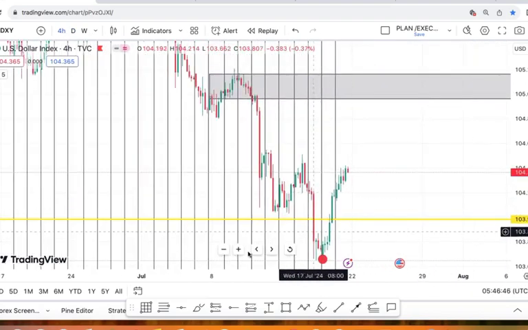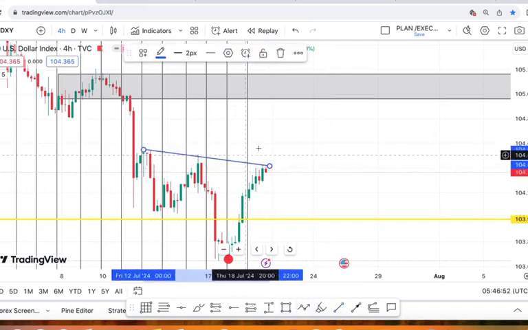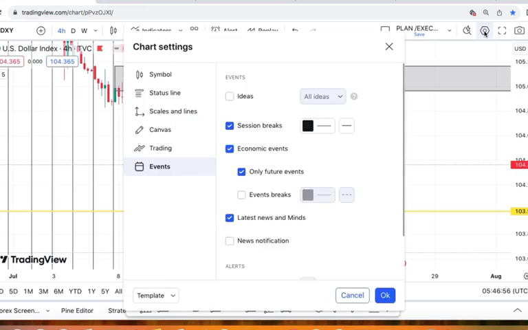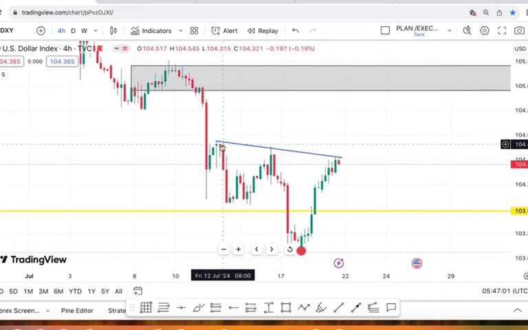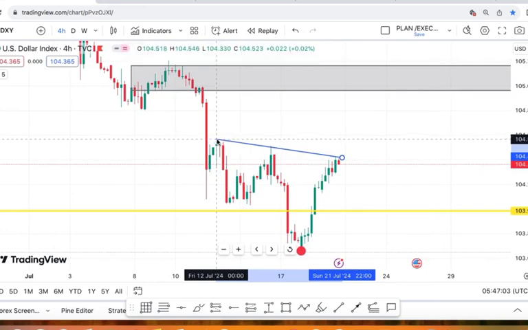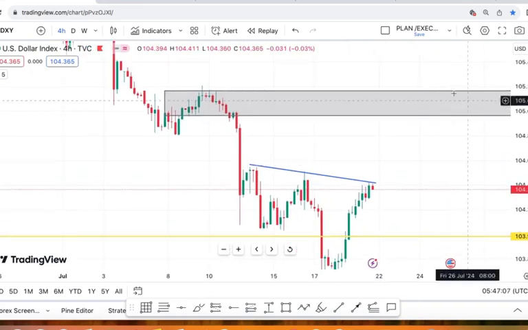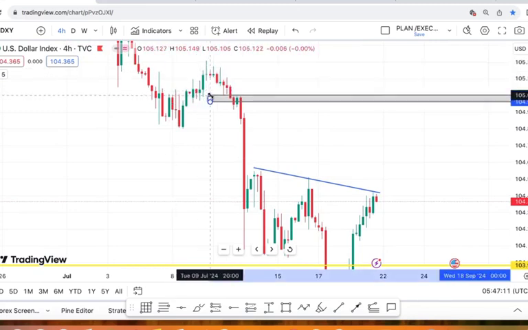On the 4-hour, if you look closely, we have this liquidity resting above this high now. This is a trend line liquidity, coming to this supply here.